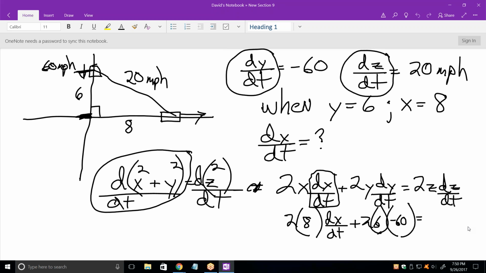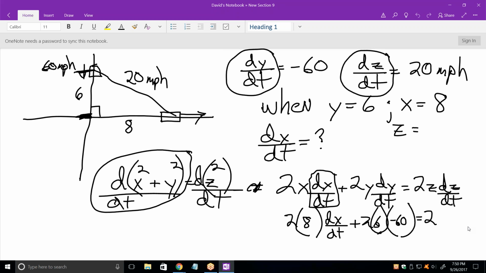And it's equal to, what is z? If y is 6 and x is 8, what is z going to be at that moment in time? You just need a little algebra for that. That's a 3, 4, 5 triangle. So what is z? Not dz/dt, but what is z?